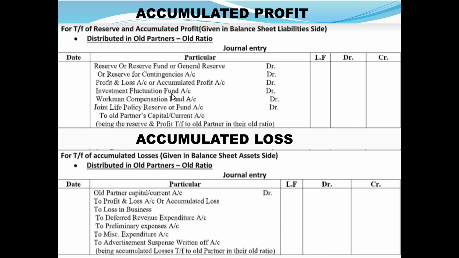What do you mean by investment fluctuation fund? Investment fluctuation fund means when you invest some amount, last year you invested some amount in shares or debentures, whatever it is. You regularly earn interest from there.